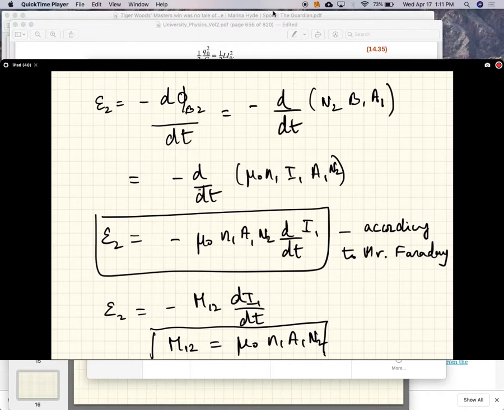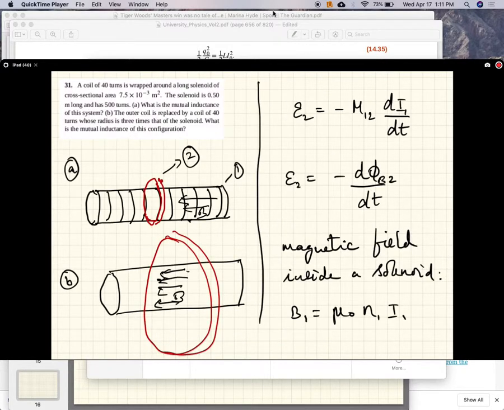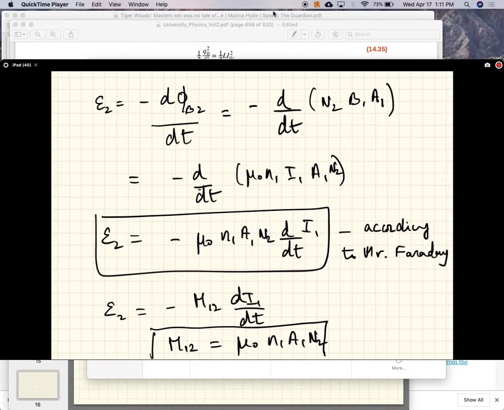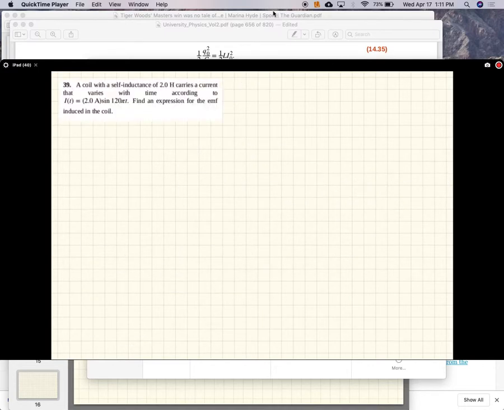So if there was a field outside, then the outside coil area would matter. So it's giving us the radius just to show that it has no effect. Okay, very good. All right, on to the next one.